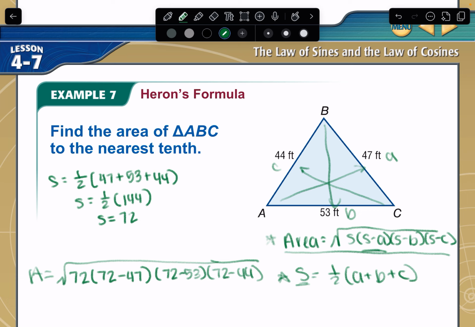On this part, instead of plugging that whole thing in as like a square root, I would do the part that is under the square root first. So like do 72 times 72 minus 47. You could even just do these individual pieces and get those 3 numbers for subtraction and then multiply the 4 of them together.